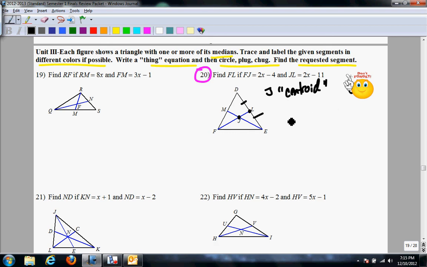And here's what you need to remember is when you have a centroid, the vertex to centroid segment is twice as big as the centroid to the opposite midpoint.